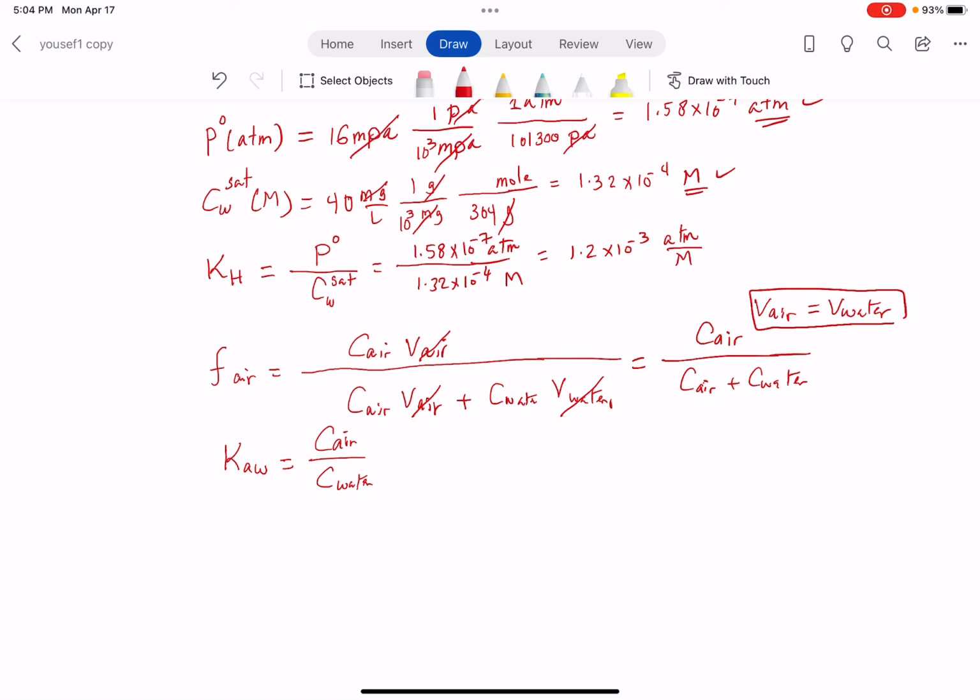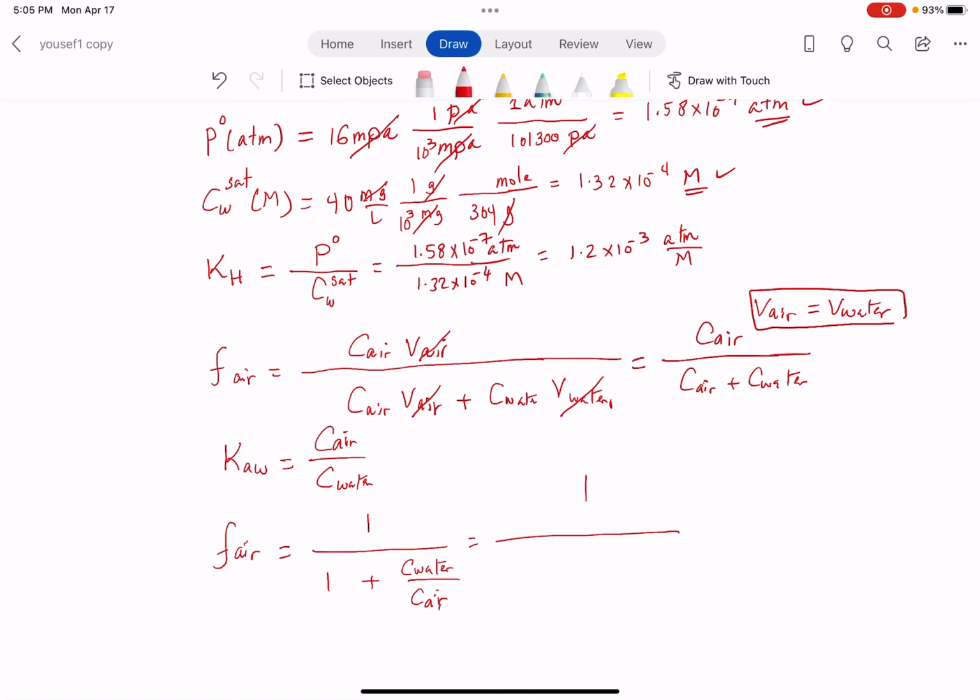Okay, so the fraction in air, when you divide by C air, C air over C air is 1, and C water over C air is almost the opposite of the Henry law constant.